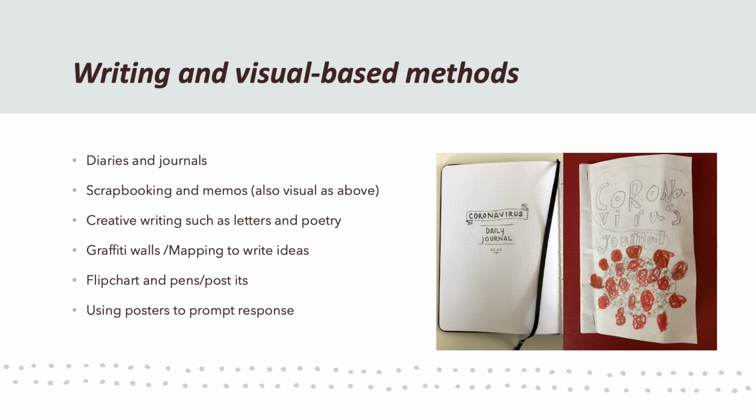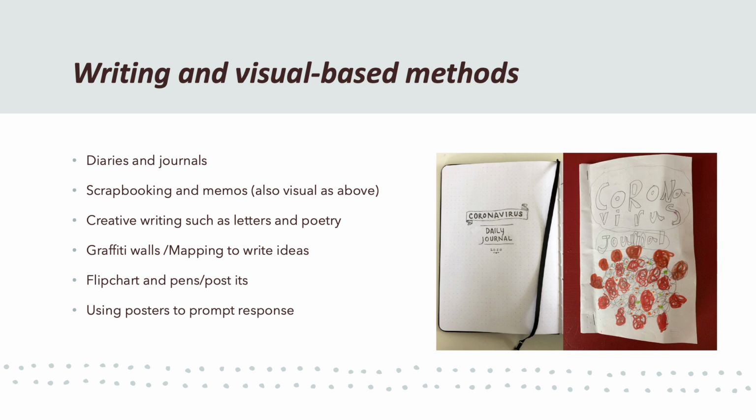In some of these methods, you can even use them online. So there's different resources, such as something called Book Creator, and you can go online and create a book online, and then you can have the children create the books and they put them in the library, and then you're able to see it virtually. So during a time when you can't actually physically see the children, you can see it online.